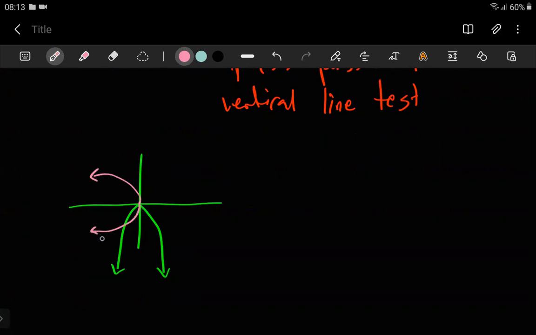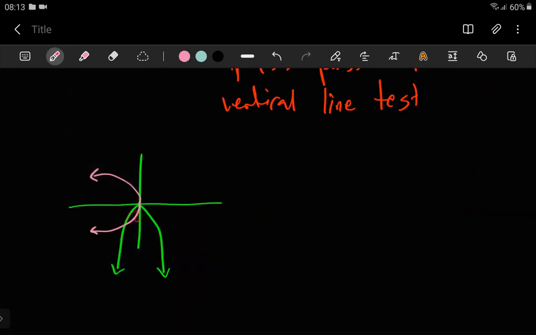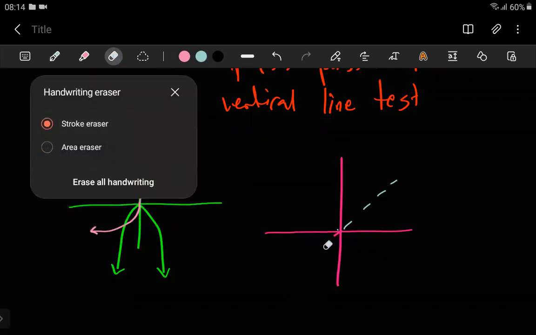So you want to remember that if you are only dealing with one portion of this sketch here, say you're only dealing with the right hand side like that, your line of inverse should always help you to see what your other graph will look like. So let me do this here.